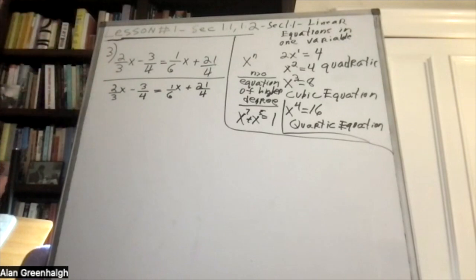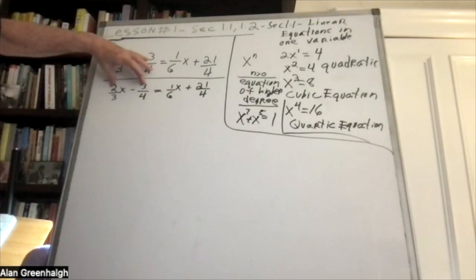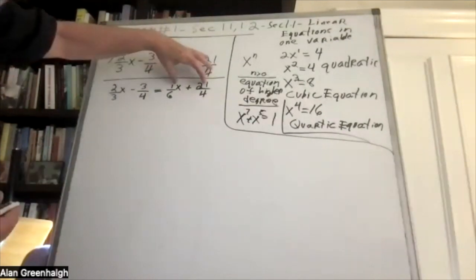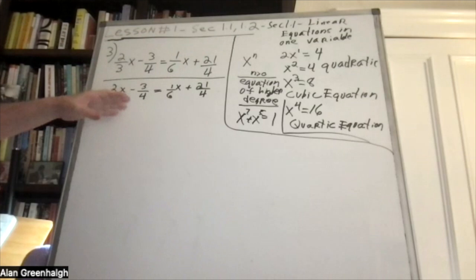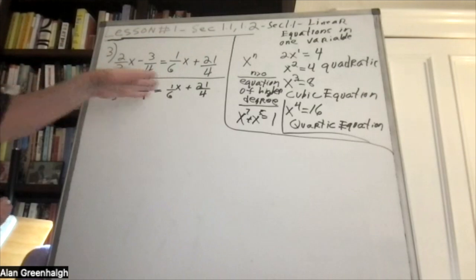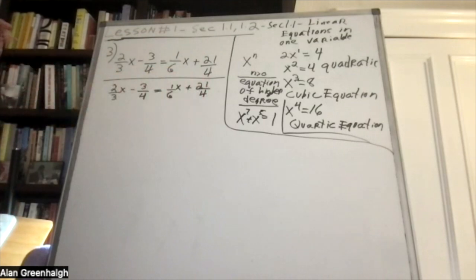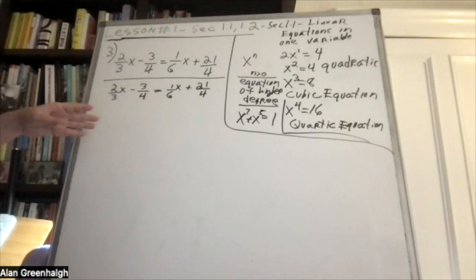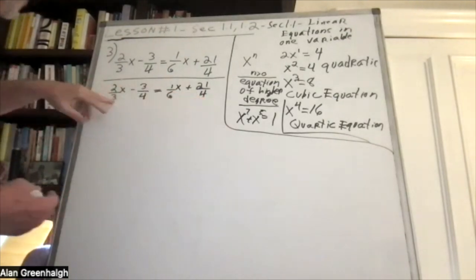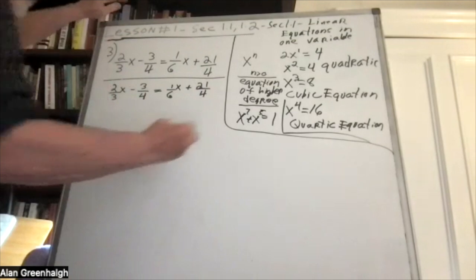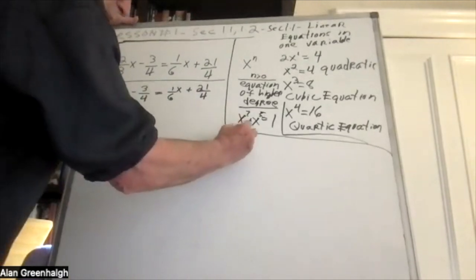You could attempt to combine the fractions here, and do the problem that way. Or you could try to get rid of all the denominators. My favorite way of doing this problem is to get rid of all the denominators. But in order to do that, you have to find something called the least common multiple.